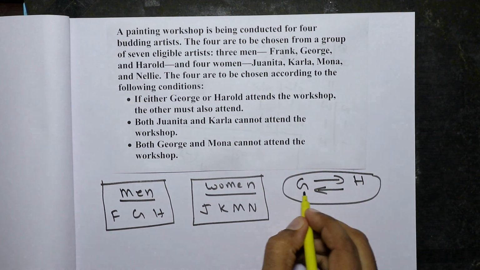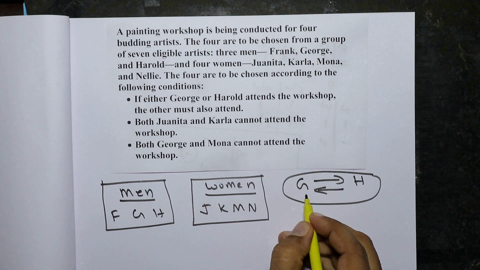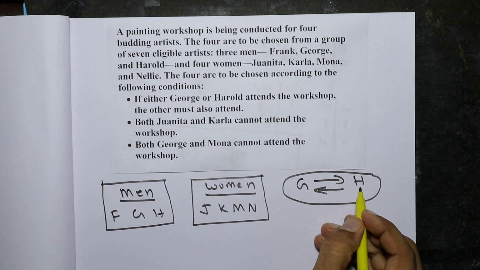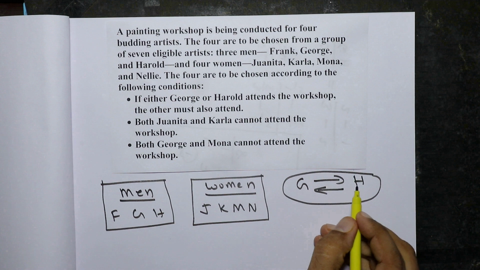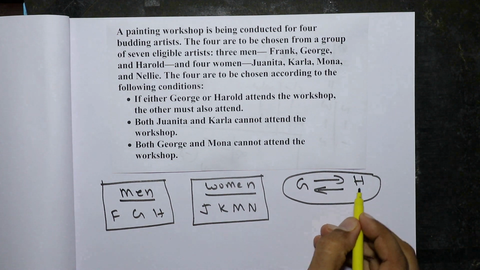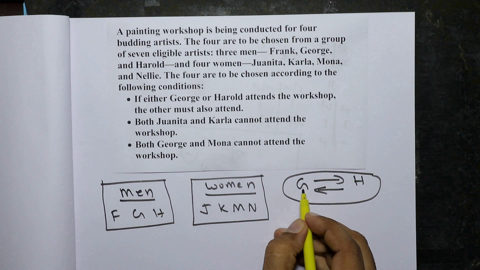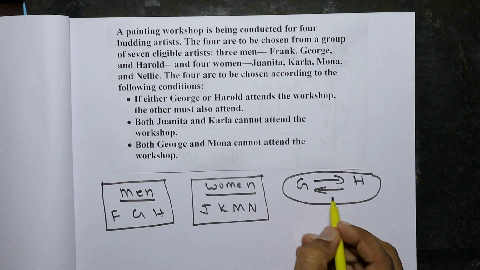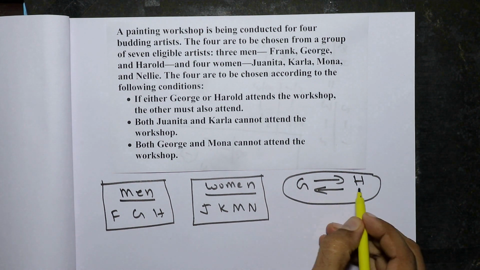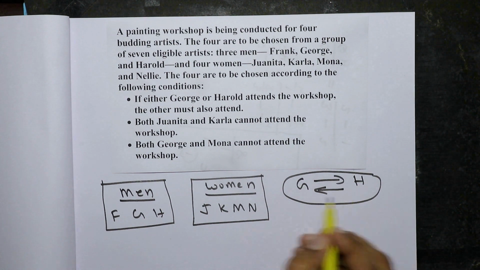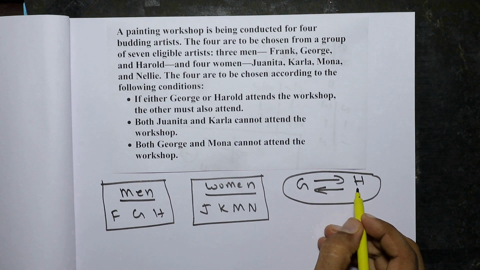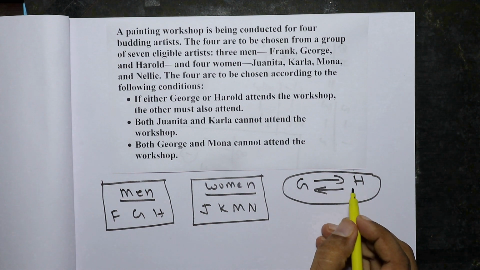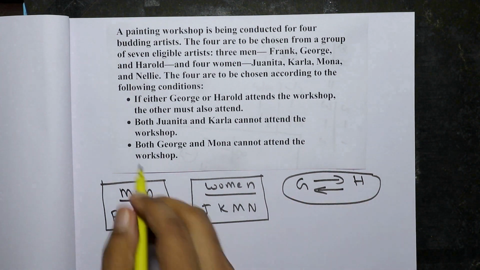It is not necessary that George is selected, but if George is there, then Harold also should be there. So it is possible that neither G nor H is selected. Either both of them can be omitted or both of them should be selected. So this is the first condition.